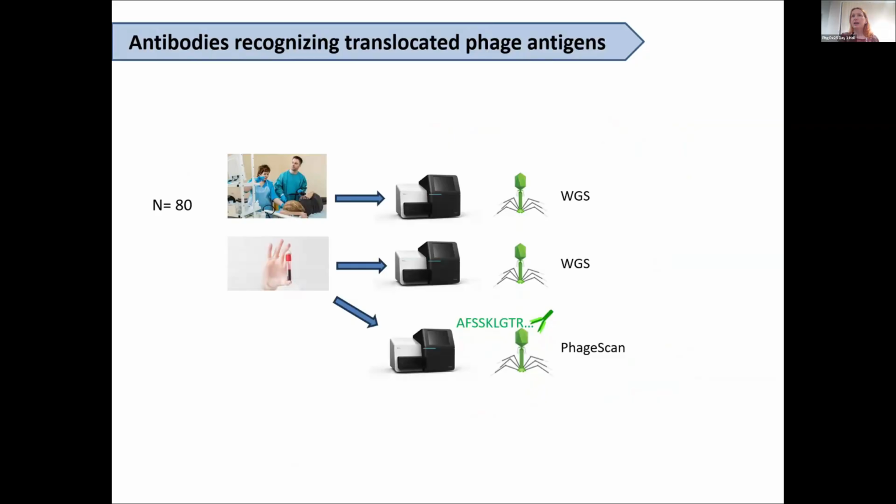And in the blood again, we used antibodies to see what specific epitopes were recognized in these patients by their antibodies. So we had the phageome on the mucosal surface. We had the phageome that translocated and circulated in these people. And we had information on what phage epitopes were recognized in them.